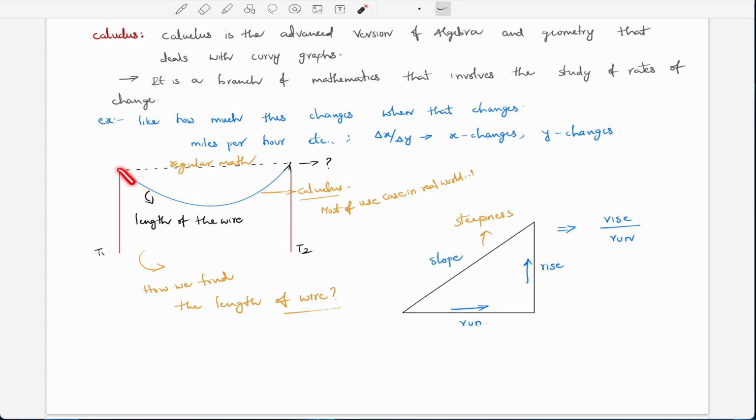In a regular math problem, I just find the distance from tower 1 to tower 2, and say it is 100 meters or 50 meters, whatever it may be. That is the length, but the wire has a curve here. So how do we find that curve?